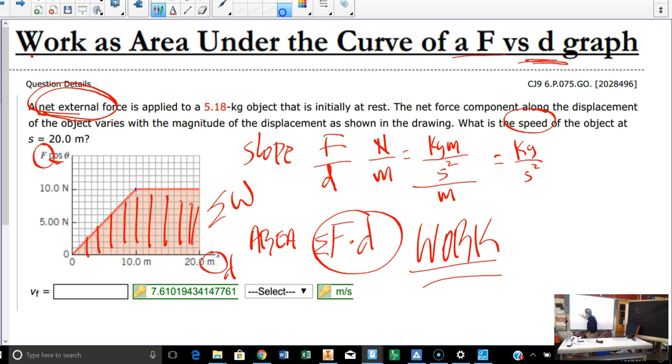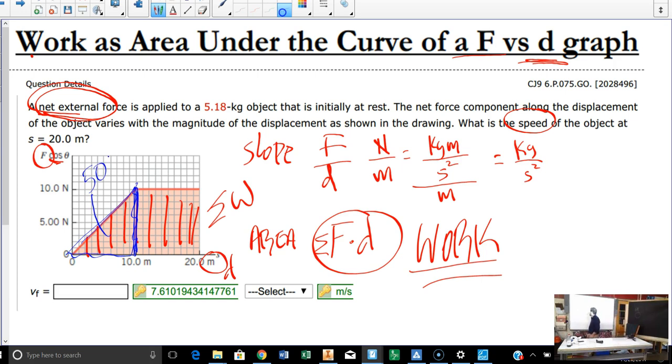That area I'm going to separate into a triangle, this blue triangle here, and a square. I guess it's a square. So the area of the triangle is 1/2 base times the height. The base is 10. The height is 10 newtons. So 1/2 base times height, that's going to be 50. So the area under here is a positive 50.